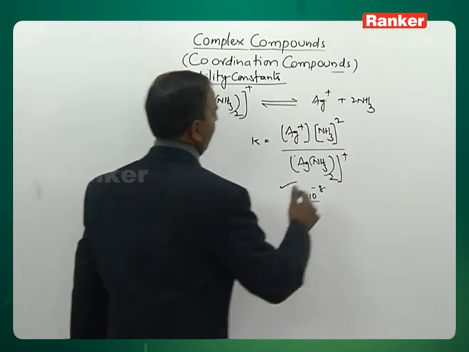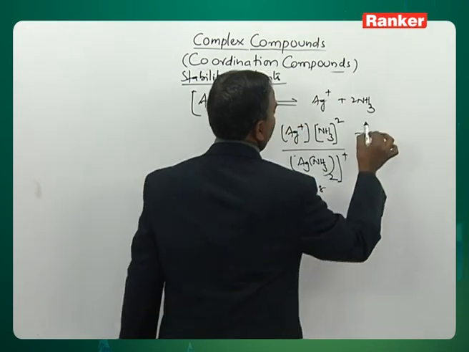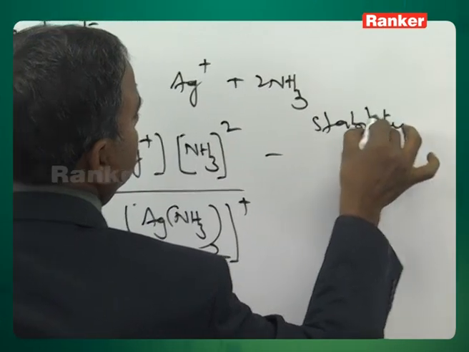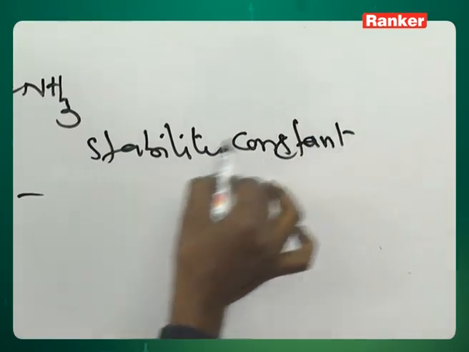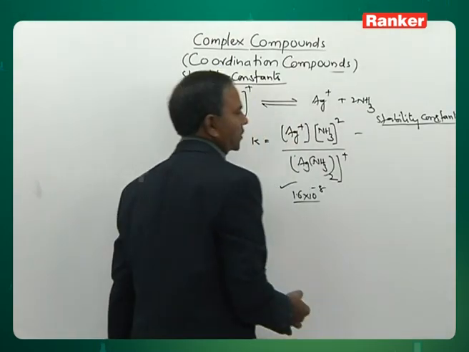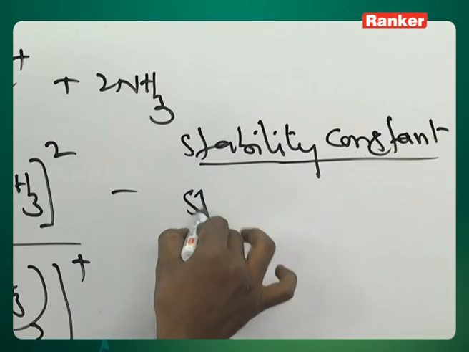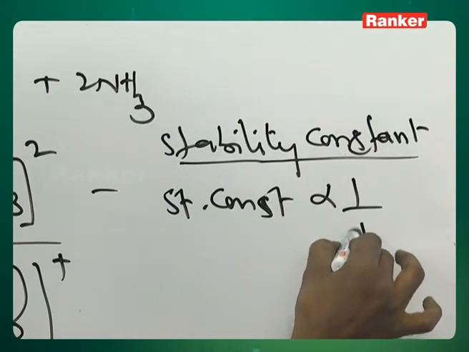First definition of stability constant. The stability constant is inversely proportional to the dissociation constant.